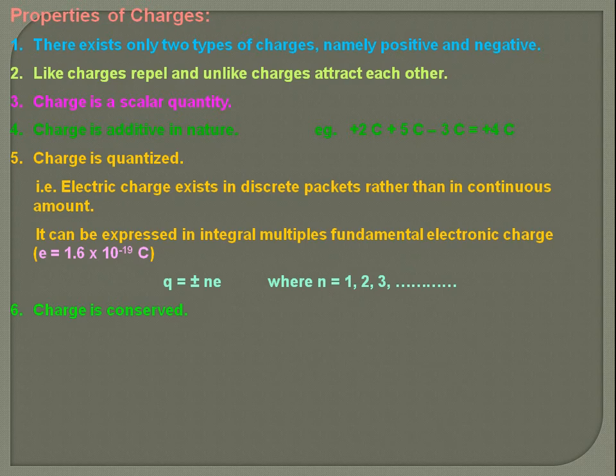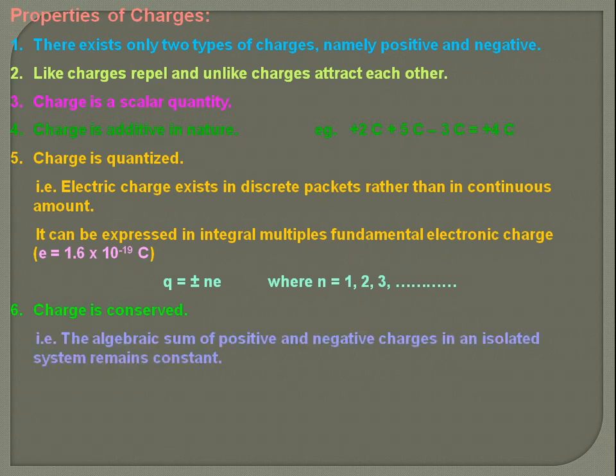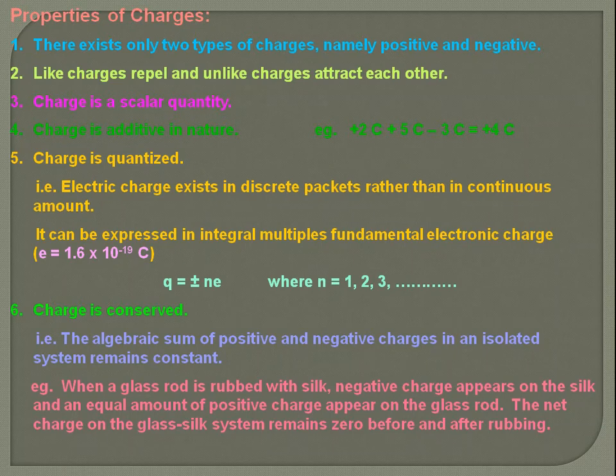One more property is that charge does not depend on velocity. Whatever the velocity of the body is, the charge will not change with the velocity. Like we have seen in different fields, time also depends on velocity.